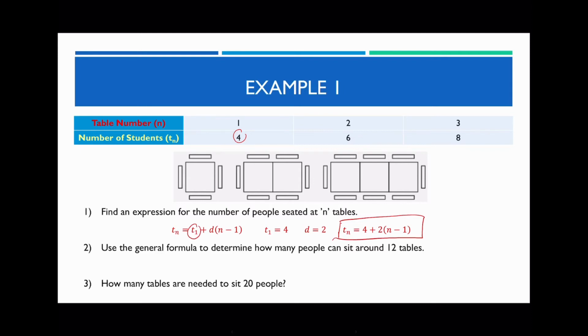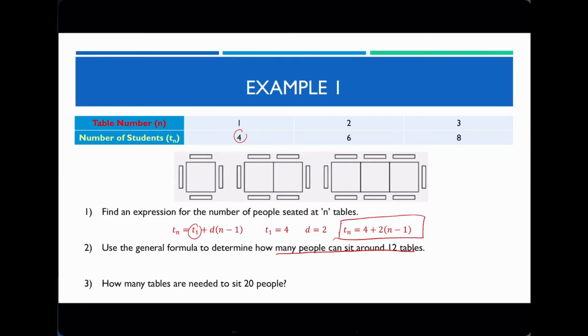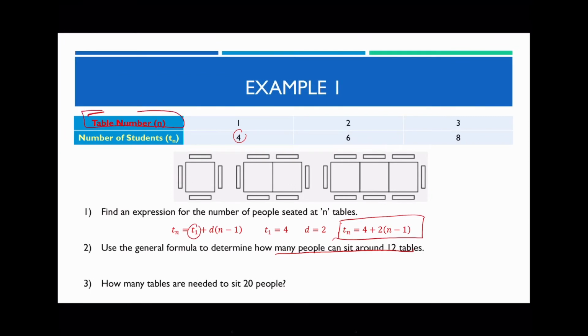Question 2 says, use the general formula to determine how many people can sit around 12 tables. So they've given us the table number already, and we want to find out what this is. So we're going to substitute the number of tables as 12 into the formula. Wherever I see n, I'm going to substitute 12.